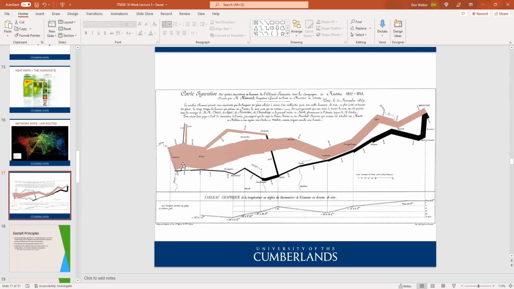And it's both a map, a relatively accurate map that shows river crossings and whatnot, and it shows a proportionate size of Napoleon's Grand Army over time. It's accompanied with a line graph at the bottom.